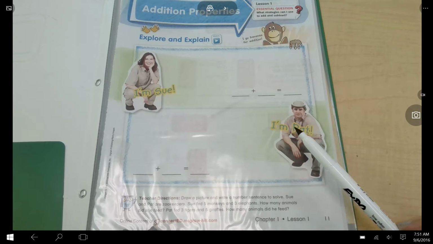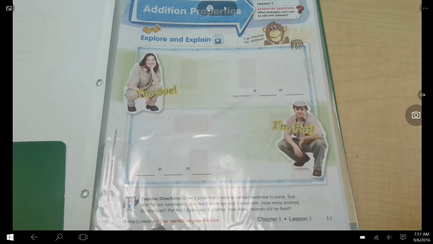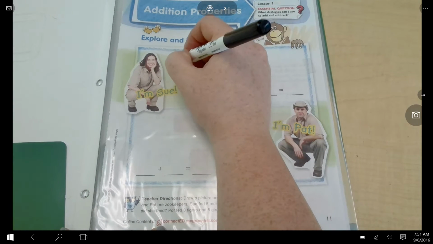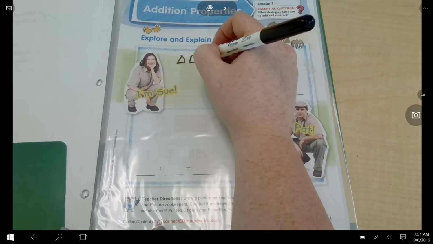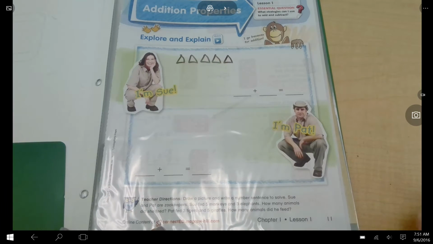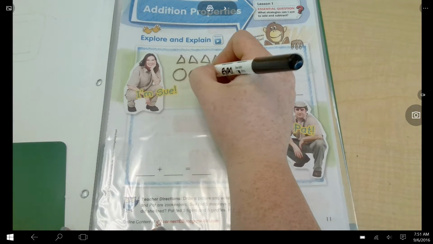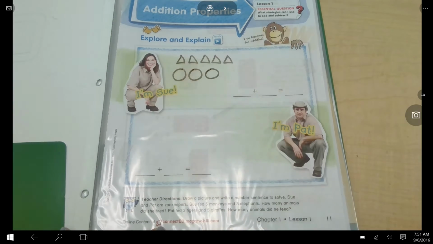When I look at my directions, it says that Sue fed 5 monkeys. So I'm going to use a triangle for my monkeys. 1, 2, 3, 4, 5, and 3 elephants. Elephants are really big. I like elephants. I'm going to draw big circles. 1, 2, 3.